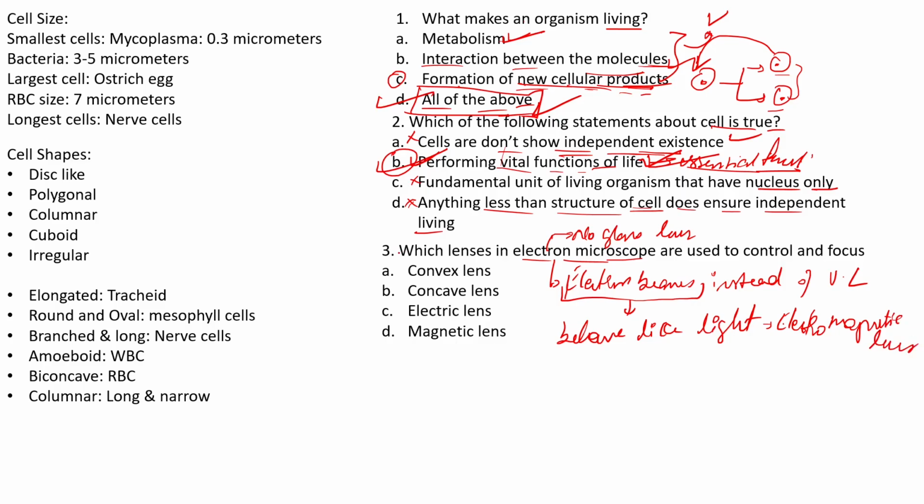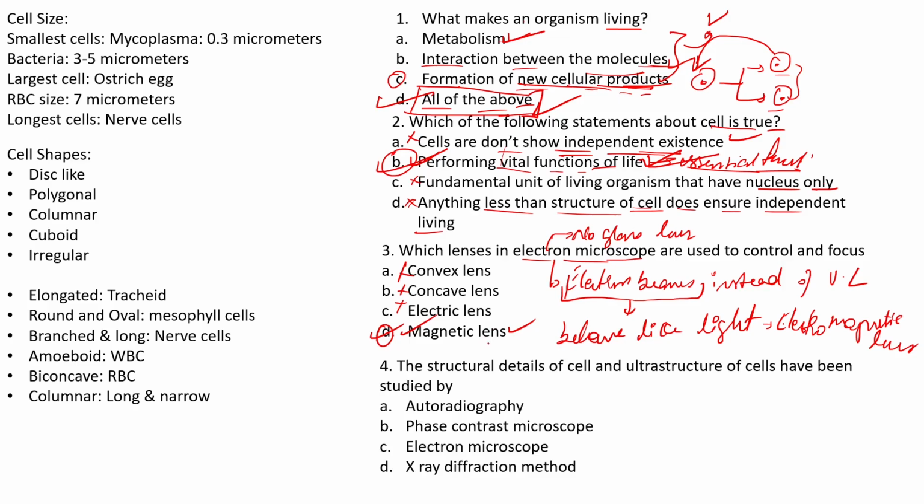So it is not the electric lens, not the concave lens, not the convex lens, it is mainly the magnetic lens. So D is our right answer over here. I hope I have made the points quite clear.